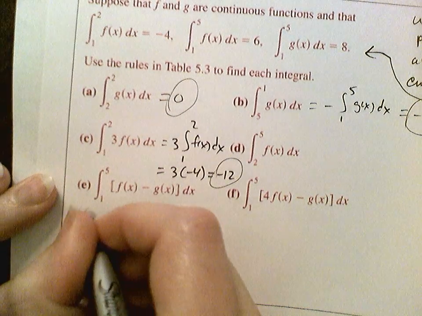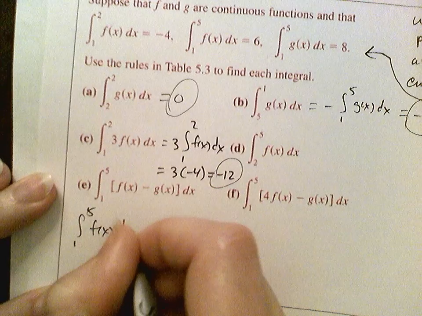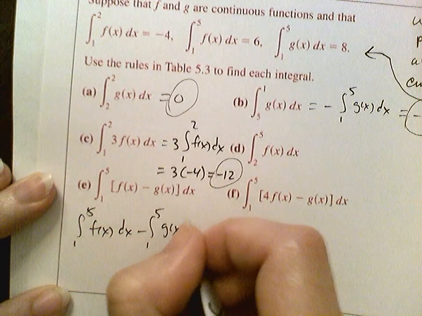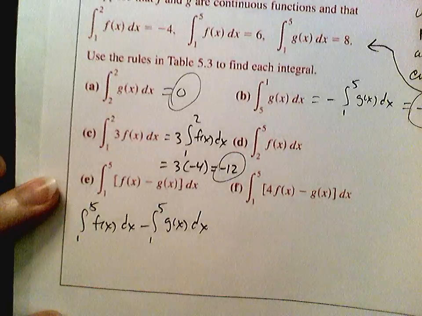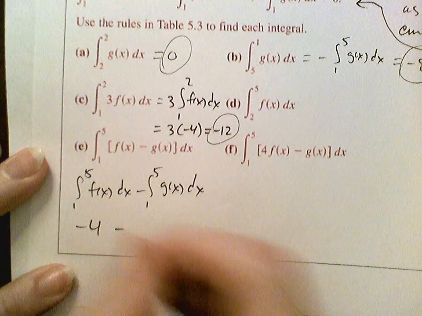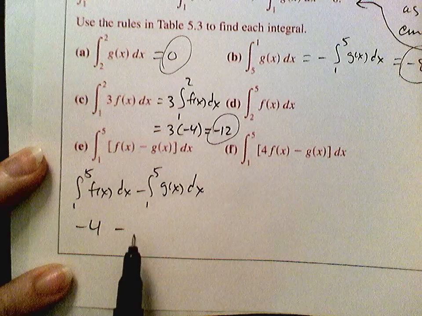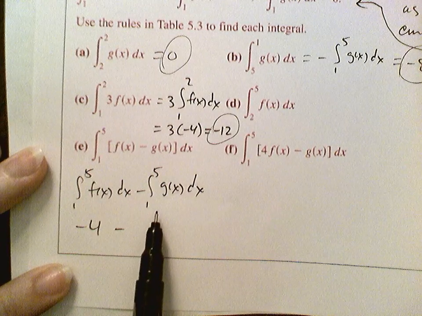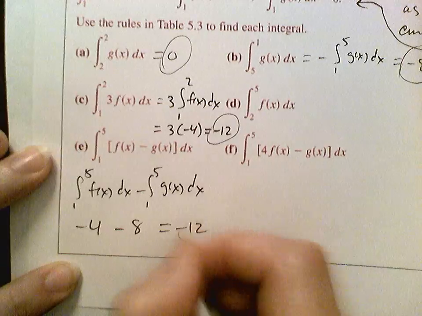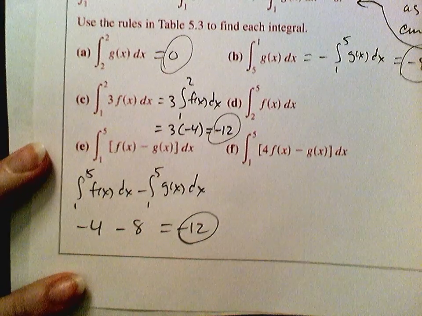So this is the integral from 1 to 5 of f of x minus the integral from 1 to 5 of g of x. Okay, this integral we know, it's negative 4, minus this integral we also know, it's 8. So that one is also negative 12.